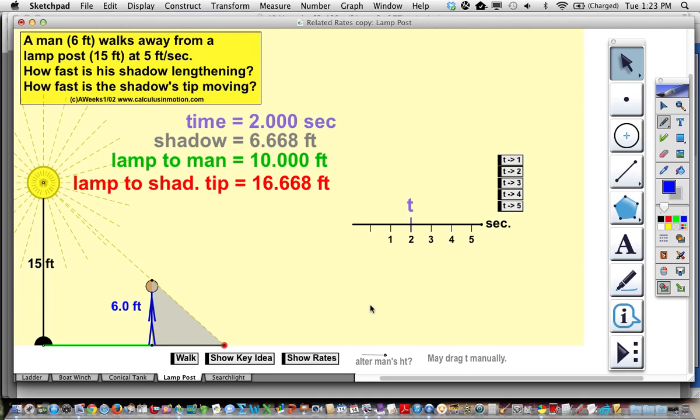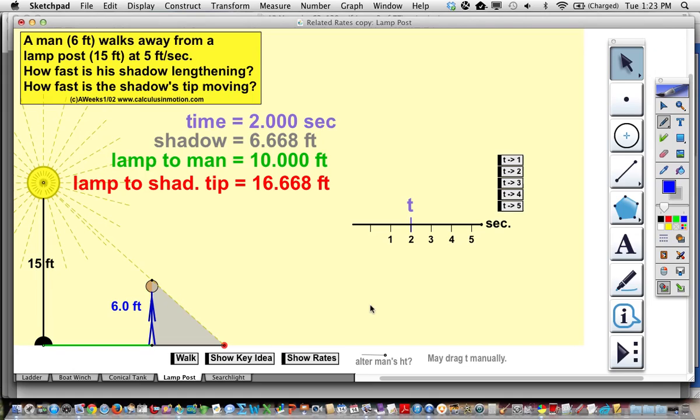Here's one that's going to be in your homework. A lamp and the shadow. You got a 15-foot lamp, 6-foot person. The black is the shadow. Now, what complicates this is you got a couple different things that are changing here. You have the green, so let's call that x, and they have an example in the book that you refer to when you're doing your homework.